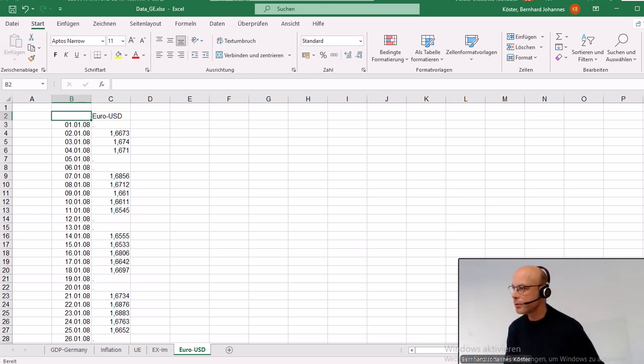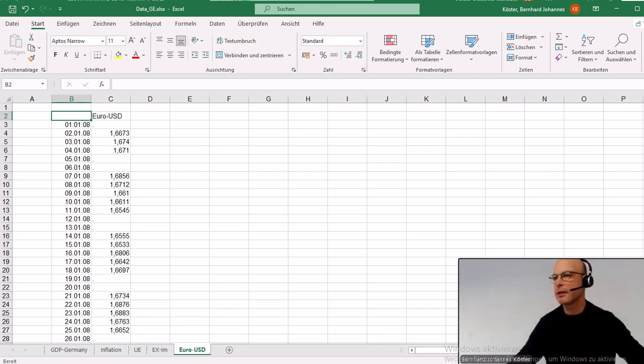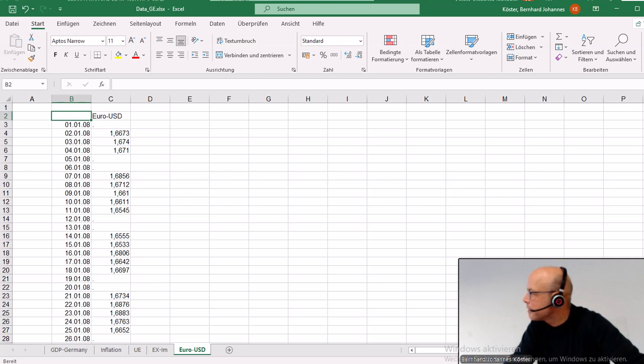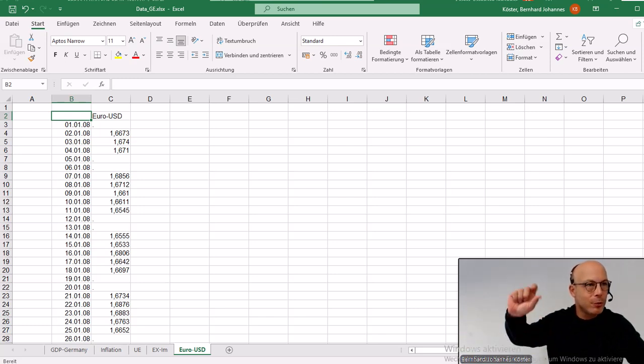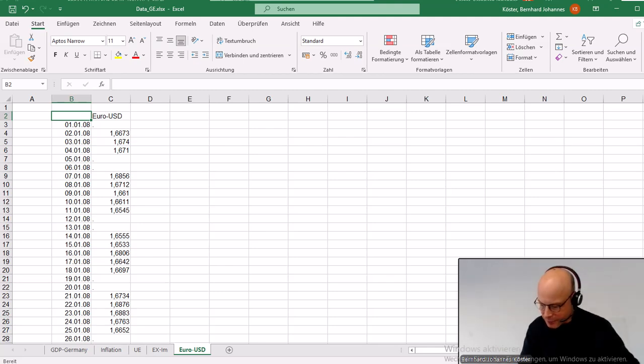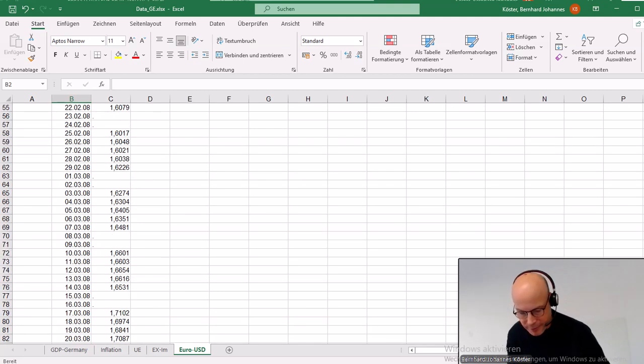Here you also have to be a little bit careful that you look at what you are providing, whether it's the so-called price representation or the quantity representation, because of course in an exchange rate I can provide euro versus dollar or dollar versus euro. So for today, what did we have here?